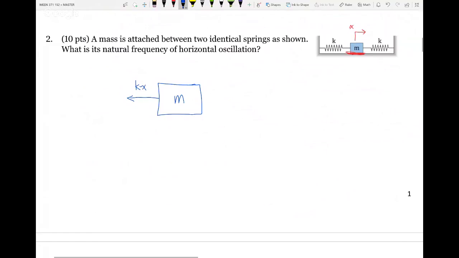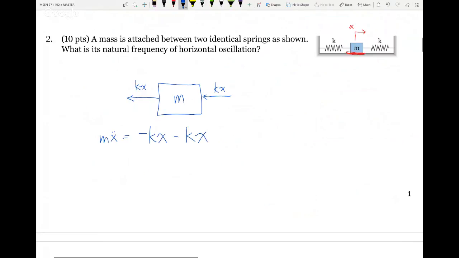And since the mass has moved to the right, then this spring is also going to be resisting that with a force of Kx. Okay? When we combine this, I'll do it this way, m x double dot is going to be equal to minus Kx minus Kx.